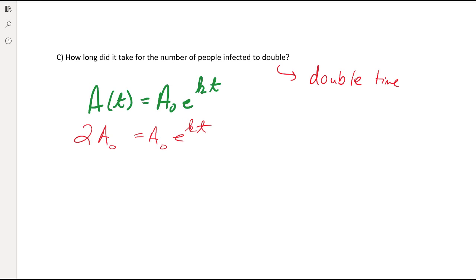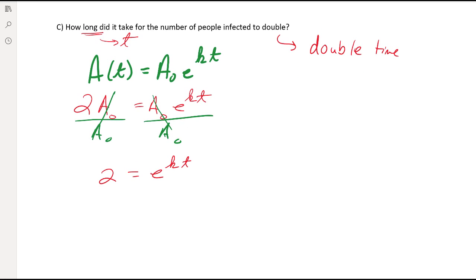Well, the pretty cool thing that happens here is that I can divide both sides of this equation by A0, and so my doubling time is independent of how much I started off with, which is a pretty interesting result. So now we have 2 is equal to e to the kt. That means we need to solve this for t. We're going to do the same trick that we did before. We're going to take natural logs of both sides of our equation.